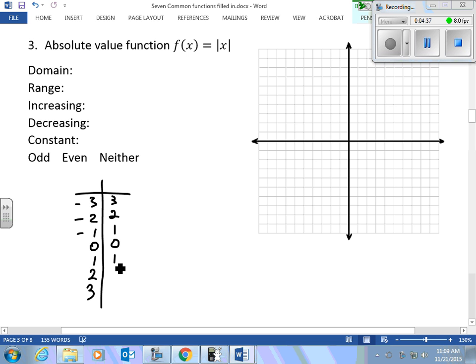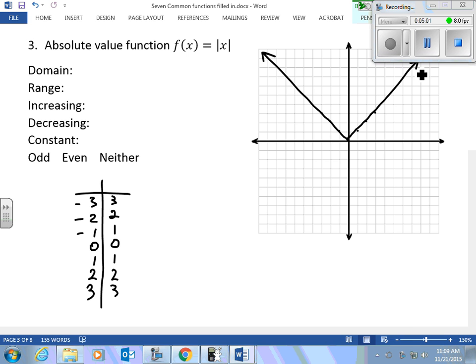And so we end up with these values. Okay, so if I plot those, I've got 0, 0, and I'm going like this. Okay, so we've got sort of a V-shaped graph that goes up and to the left and up and to the right from the origin.